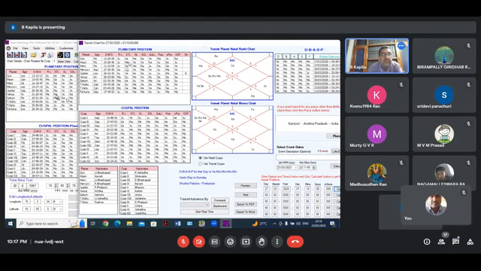Then, Jupiter is in the star of moon, Venus in the star of moon. So the second possibility is that the other possible star lords of moon can be Jupiter and Venus. Is it okay?